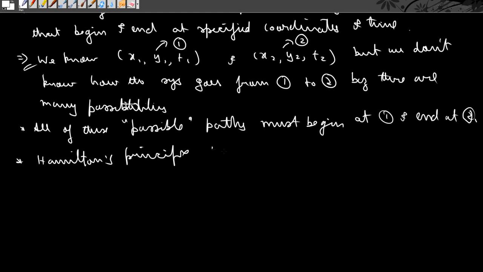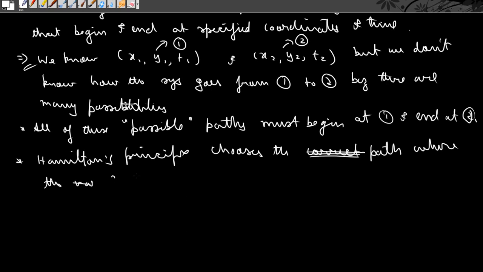So it chooses the path where the variation of S about the chosen path is zero to first order.